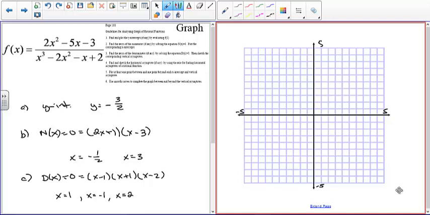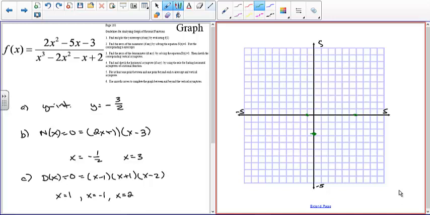Okay, so let's plot the y-intercept, which is -3/2. So this is 1, this is 1/2. We have x-intercepts at -1/2 and +3. So each grid mark is a half a unit.